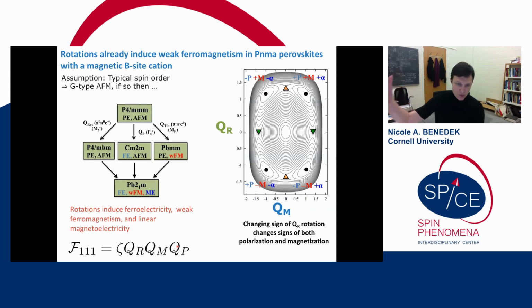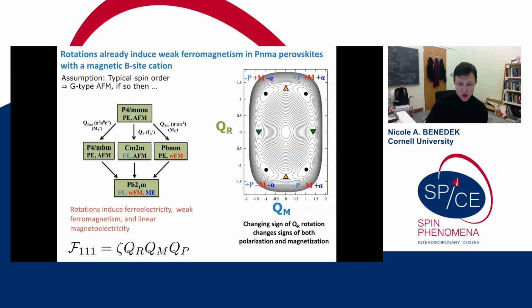Such that if one of these modes condenses, then the other two get pulled along. And if one of these modes changes sign, so if the polarization changes sign, through an applied field, for example, then one, but not both, of these other distortions will also change sign.